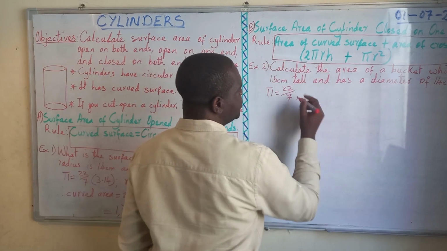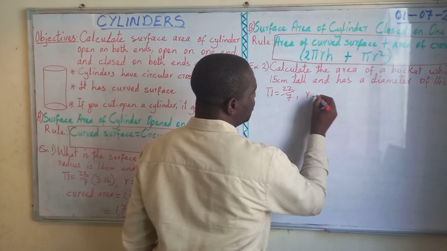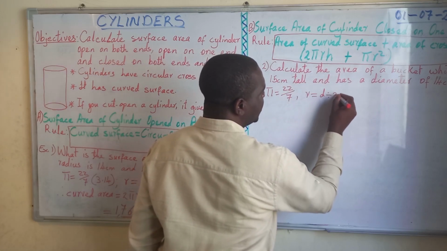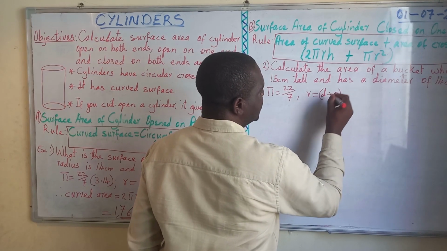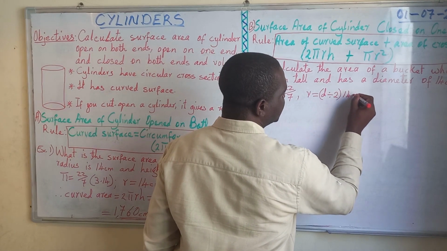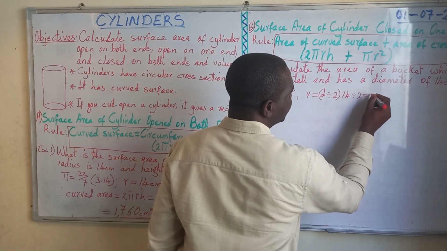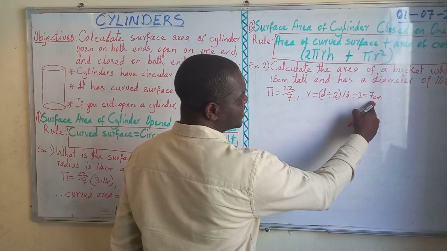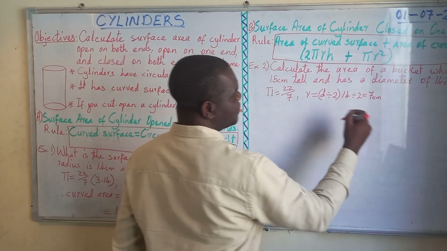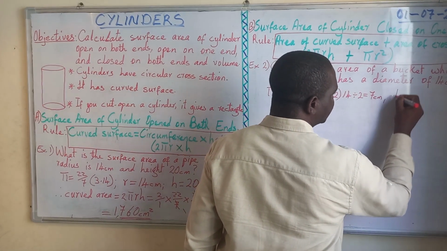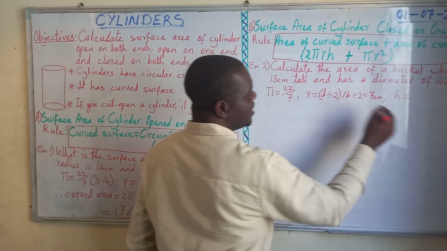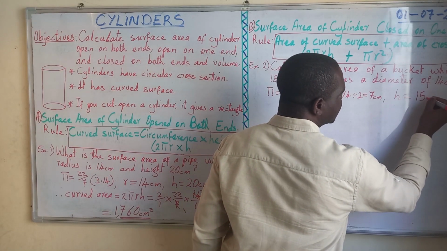We need radius. Radius here we don't know, but we know the diameter. So radius will be diameter divided by 2. And diameter is 14 divided by 2 will give us 7 centimeters. So our radius is 7 centimeters. And the last thing we have to identify is the height. And the height in this case is how tall the bucket is, which is 15 centimeters.